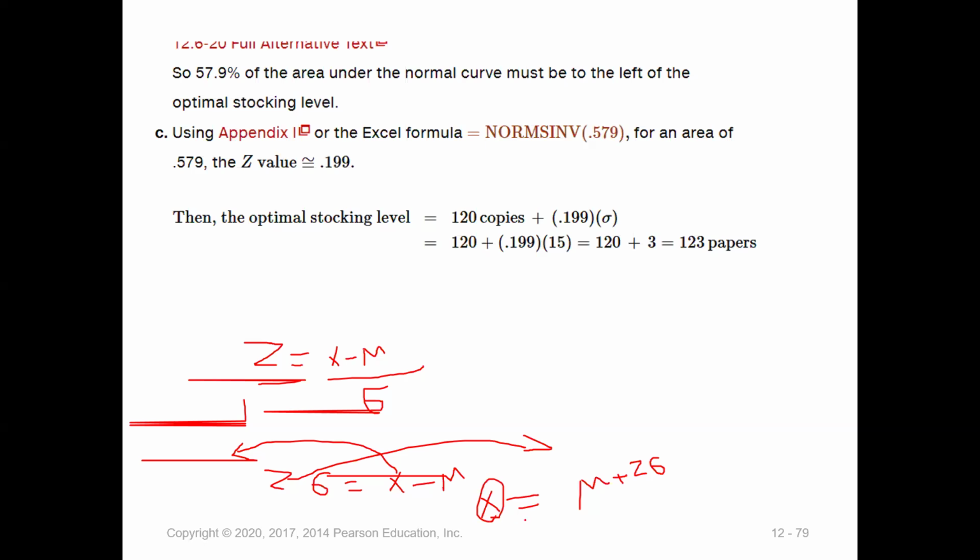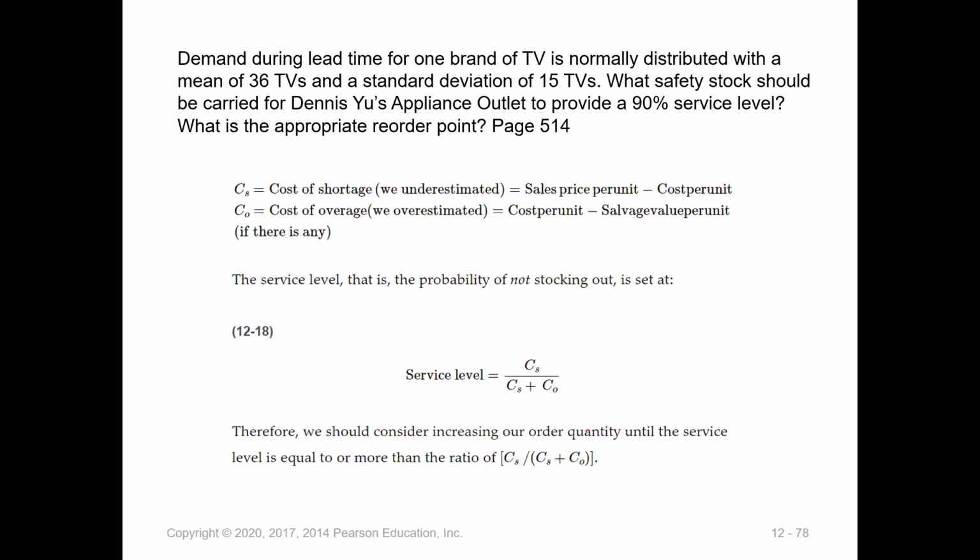So X, the optimal stock level that we will need, is equal to the average plus the Z value times sigma. If you know sigma and the average, you need to find Z, multiply it by sigma, and add it to the average.